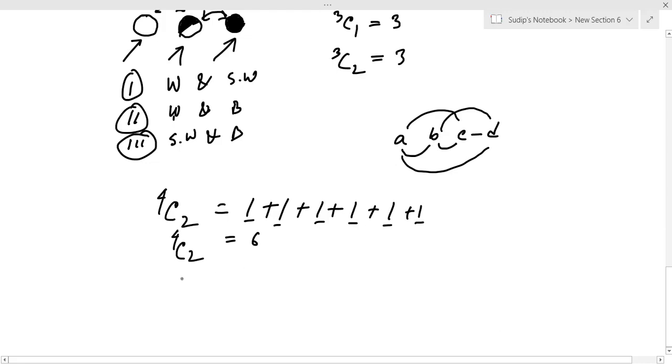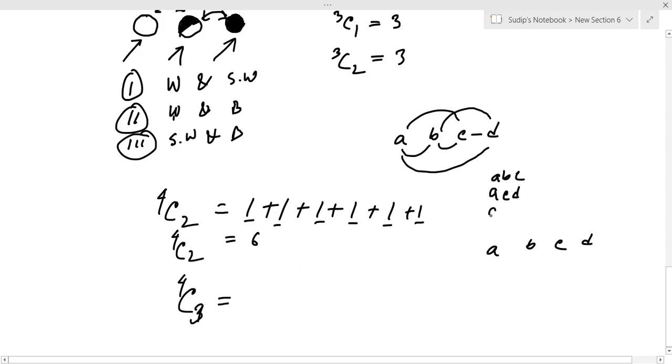If you are told to choose 3 letters from A, B, C, D, you can say 4C3. What will be the result? You can take ABC, which is 1. You can take ACD, this is also another one.